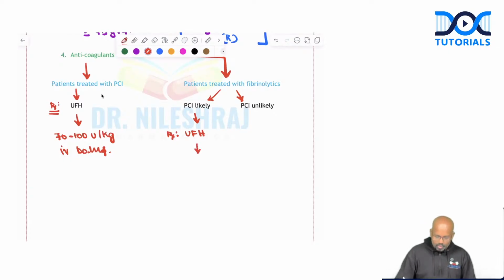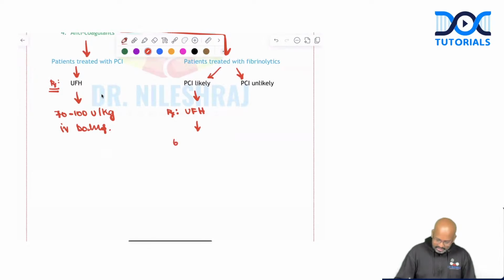Here the drug dose is not as much as we have seen before, because we have administered fibrinolytic agents and there is more chance of bleeding. That's why we administer a somewhat lesser dose: 60 units per kilogram as an IV bolus, followed by 12 units per kilogram per hour as an IV infusion.